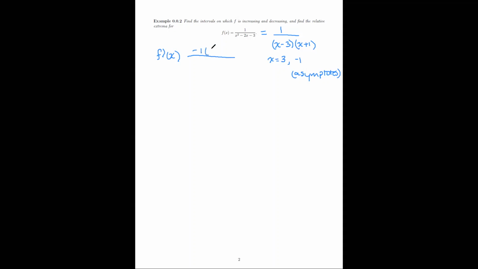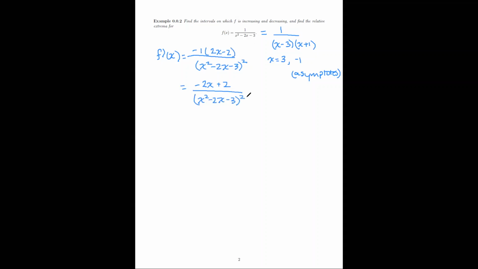Minus high d low, so this is 2x minus 2 is the derivative of the bottom, all over low squared. All right, and that's what our derivative is, and we can simplify this just a little bit more by distributing that negative 1. So we've got minus 2x plus 2 all over this big denominator.